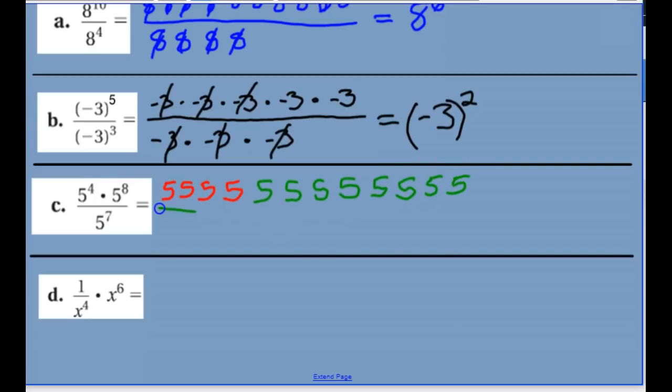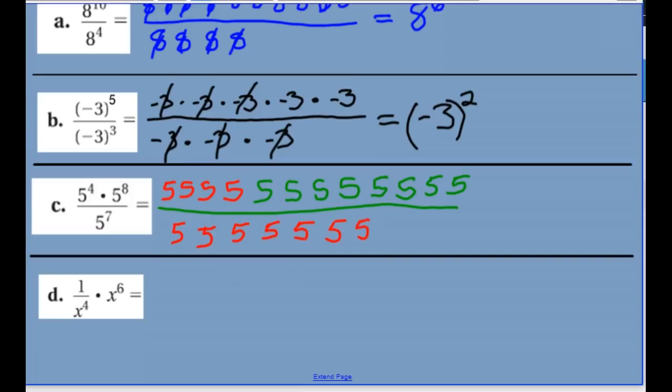So on the top we have 1, 2, 3, 4, 5, 6, 7, 8, 9, 10, 11, 12 5's. Down here on the bottom we have 7 5's. So we're going to write 5 7 times. 1, 2, 3, 4, 5, 6, and 7.